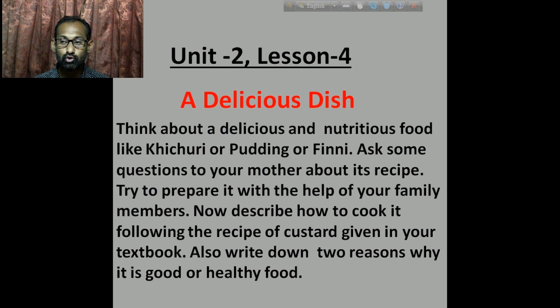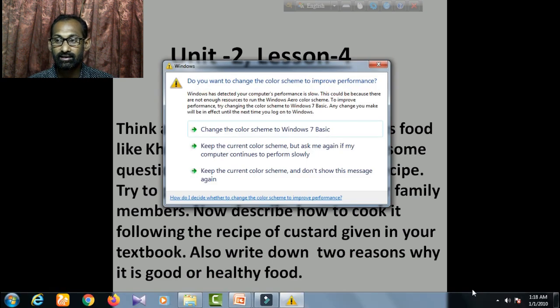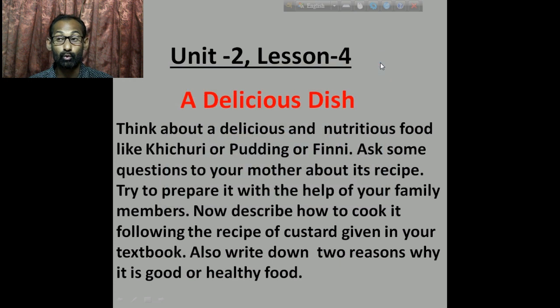Also write down 2 reasons why it is good or healthy food. Okay, that means in task number 2 we can say that you have to make an assignment about how to cook khichdi.